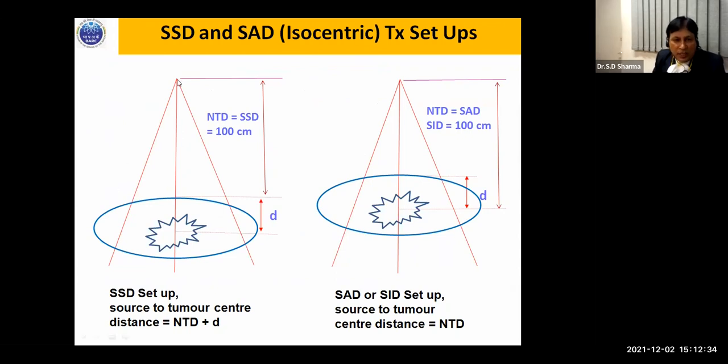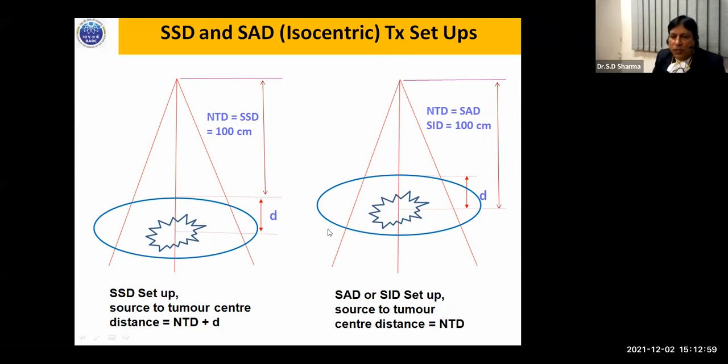In case of SSD, the source to the point of interest is at a distance of the normal treating distance of the machine, that is the isocentric distance of the machine, plus the depth of the tumor center inside the patient body. So the point of interest is located at a distance of NTD plus D.